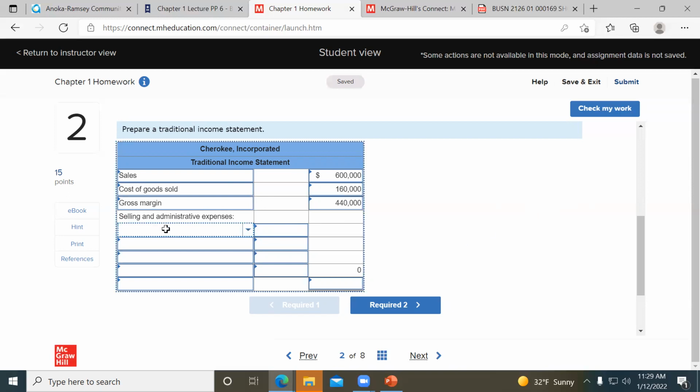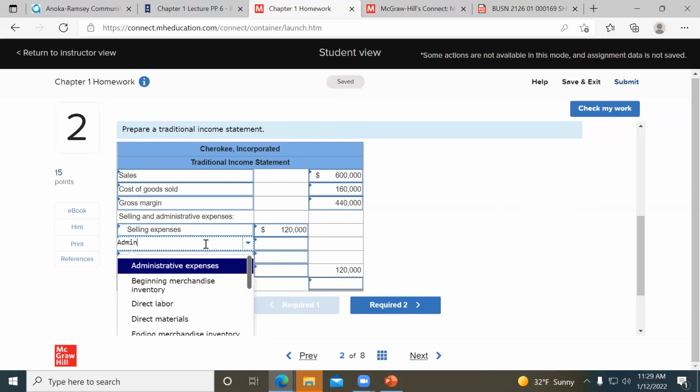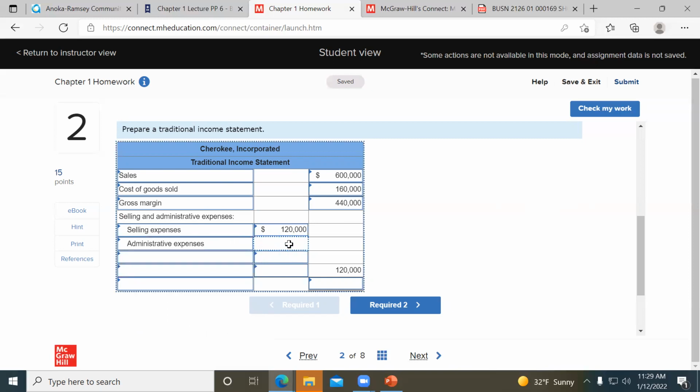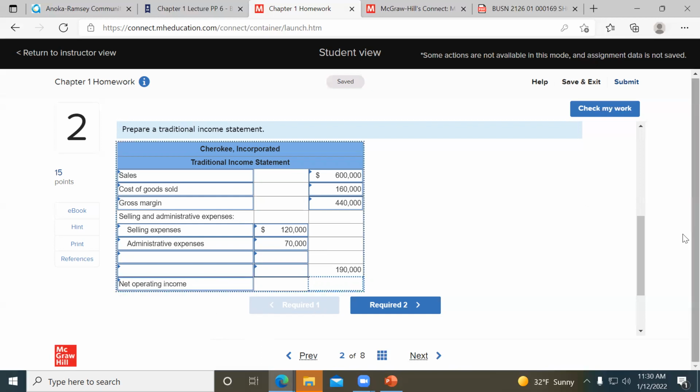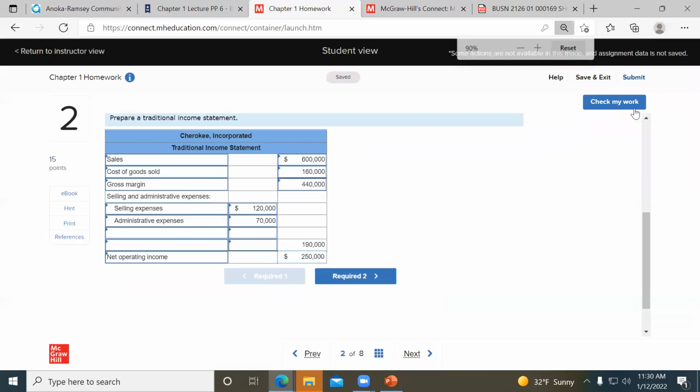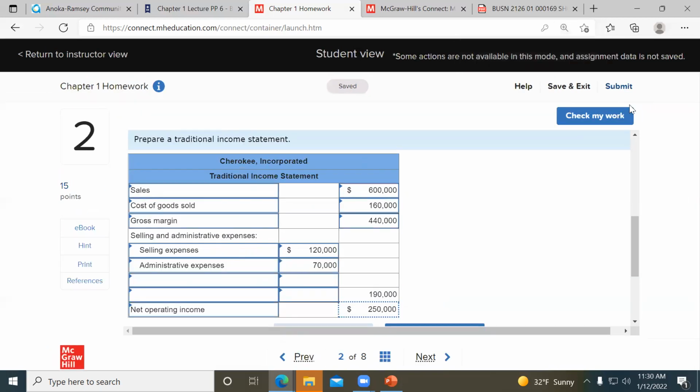Then we've got our fixed selling expenses. How many got that? Make sense? Yes, no?